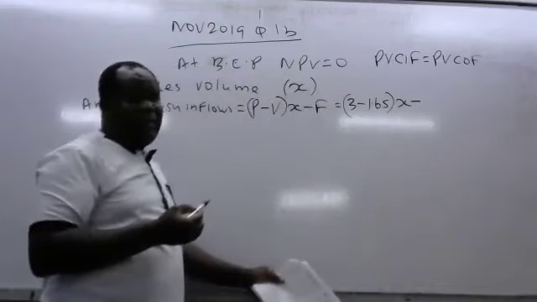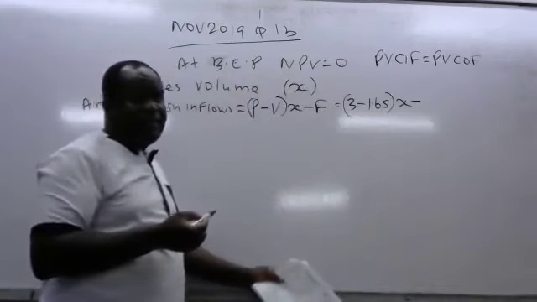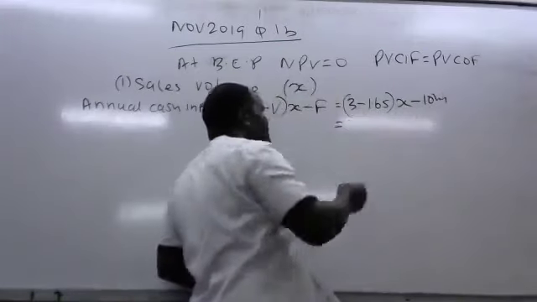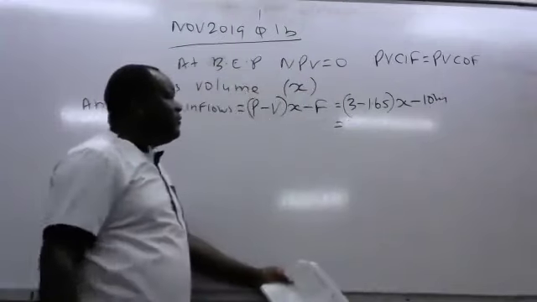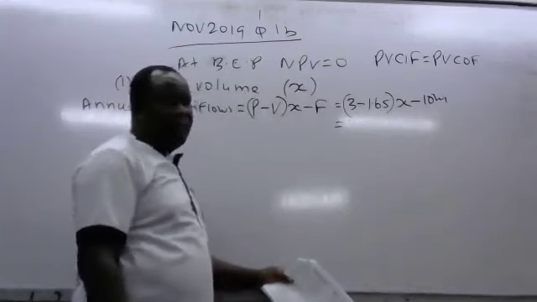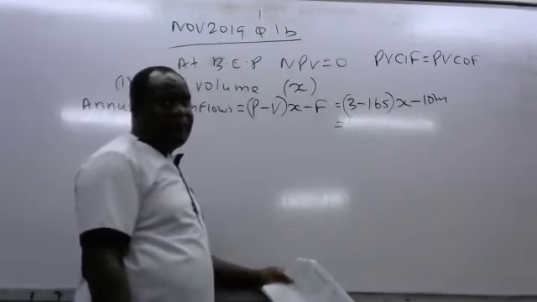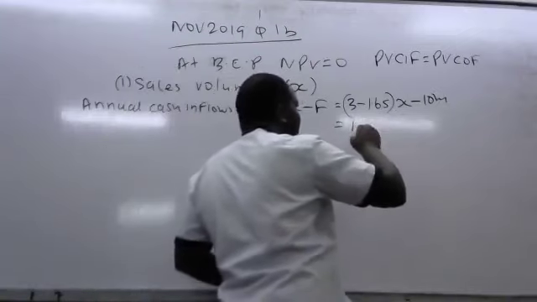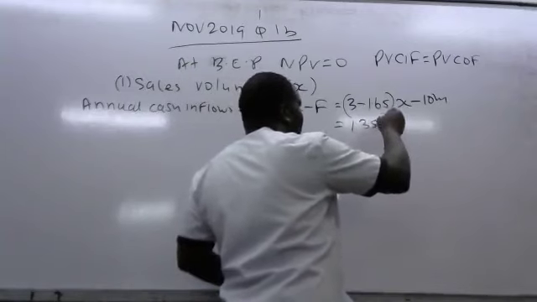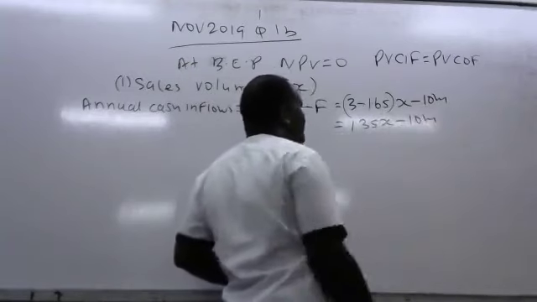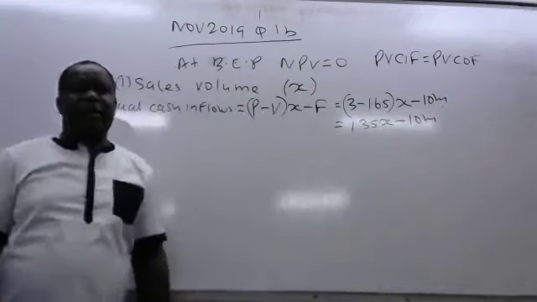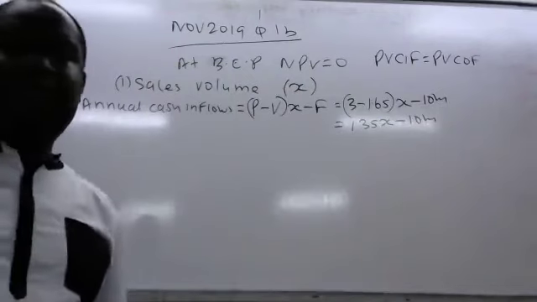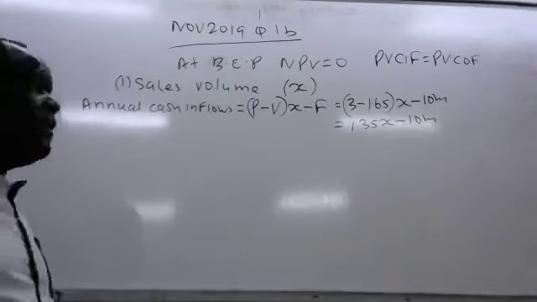Fixed cost was given in the question as 10 million. So finally, it will be 3 minus 1.65, which is 1.35X minus 10 million. So that's now our annual cash inflows. We make the sales volume X because it is the item you want to come up with.